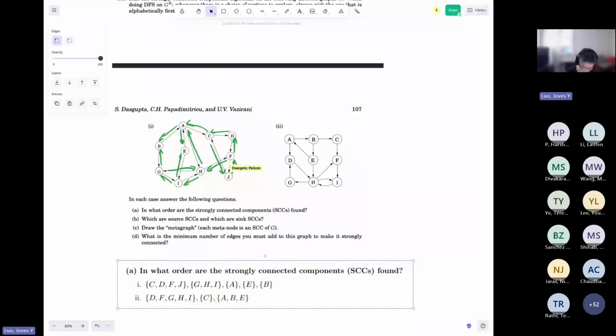So because A points to this, and this ends up being the first round of vertices that would have been assigned post numbers, it would be discovered as the first SCC. Is that right? C, D, F, J.